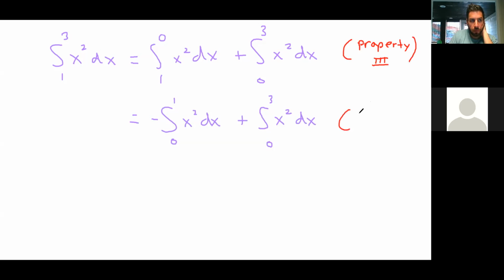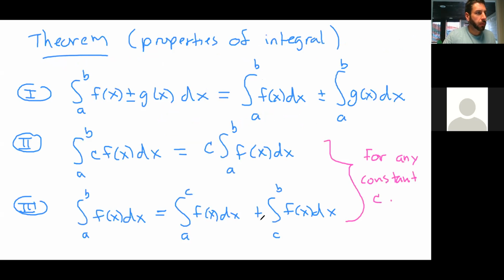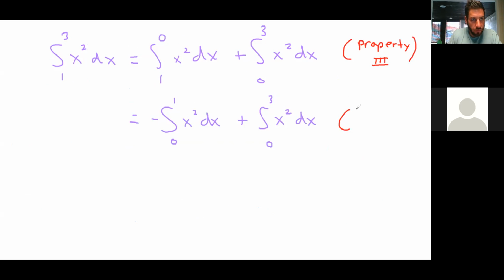And here I'm using, I think it was property 3. Let me go double check. Yes, it was property 3. And then here I'm using definition 2, that says if you flip the bounds, you put a minus sign in front.